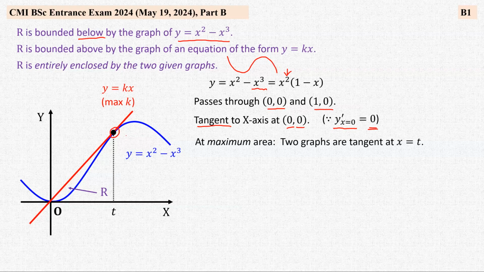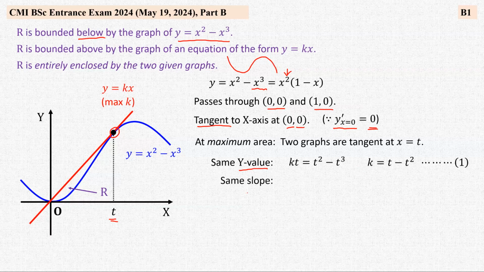In order to find the value of k in this case, let t be the x-coordinate of the point of tangency. When 2 graphs are tangent like this, we can think of 2 conditions. First, the 2 functions must have the same y value at x equals t, hence we have kt is equal to t squared minus t cubed, and because t is non-zero, we can write k equals t minus t squared.